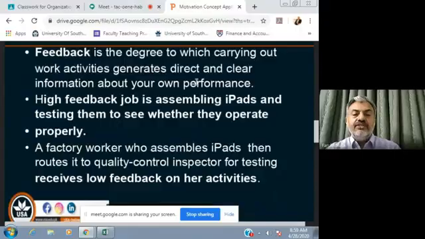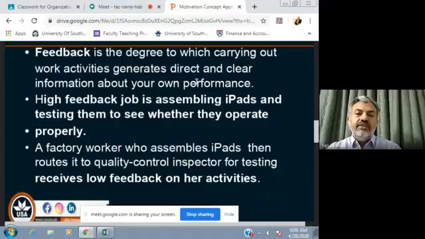Whereas a person who just does a piece of work, he just fixes the screws in an iPad or fixes the screen of an iPad and then moves it to the other worker in the assembly line, and once that iPad is complete, it is moved on to the quality control department, which is someplace else. So they don't receive fair feedback of how well they completed their task or not.